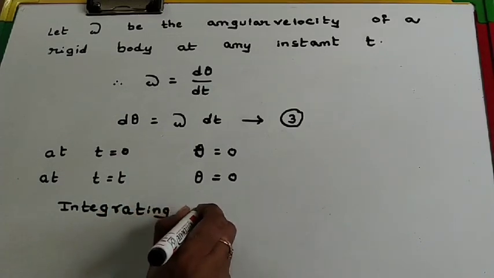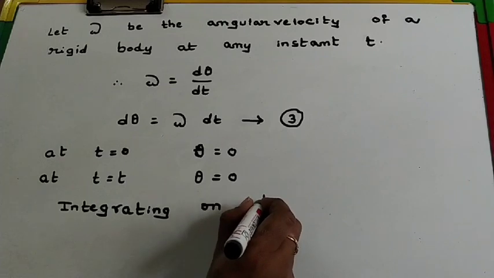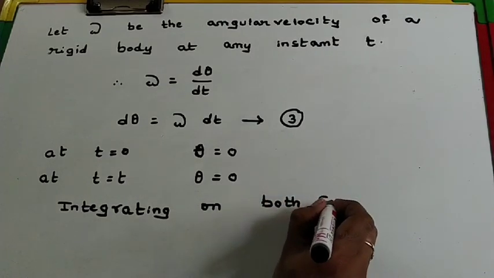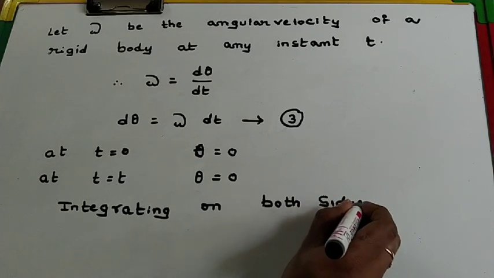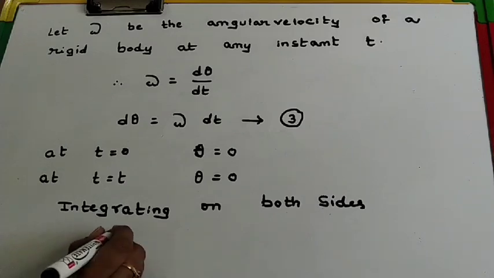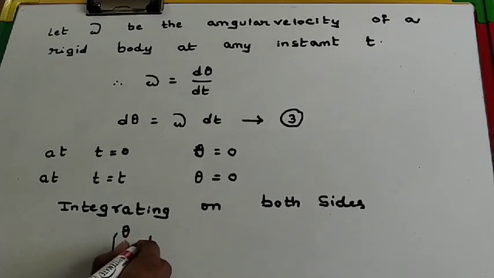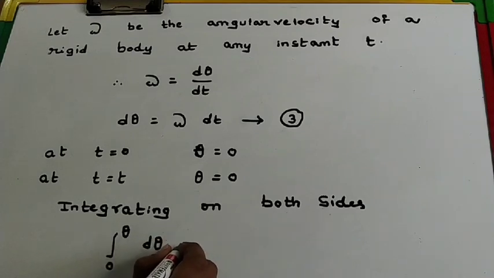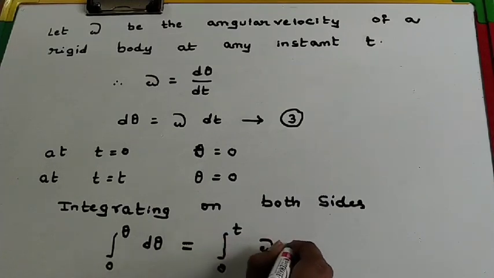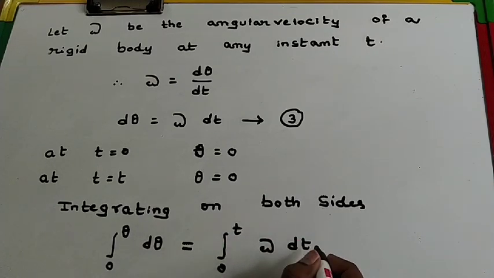Integrating on both sides. Therefore, integral 0 to theta d theta is equal to integral 0 to t omega into dt.